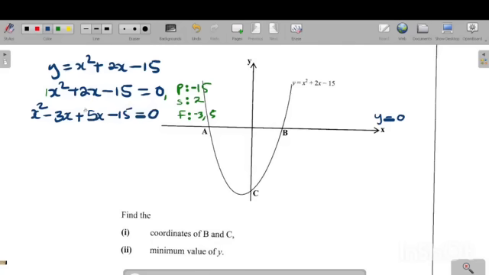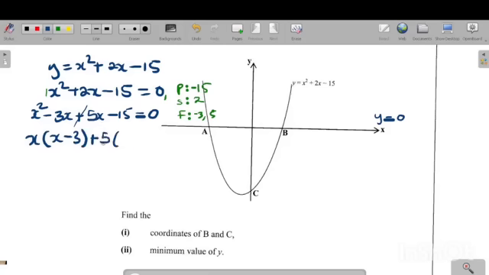So now what you are going to do is you are going to factorize the first two terms and the second two terms. So what is common here is x, okay? X squared divided by x is x, then negative 3x divided by x is minus 3. Then plus, what is common between these two terms is a 5, okay?